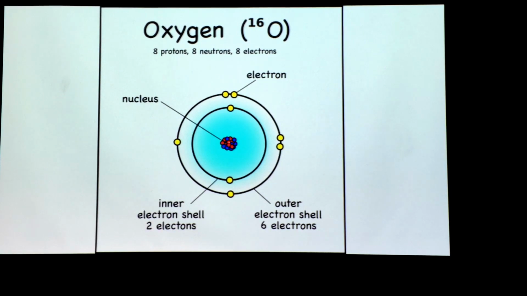If oxygen, which has 8 protons, 8 neutrons, and 8 electrons, is to share its electron with another molecule, that molecule will sort of gain an electron, but this molecule will also gain an electron.